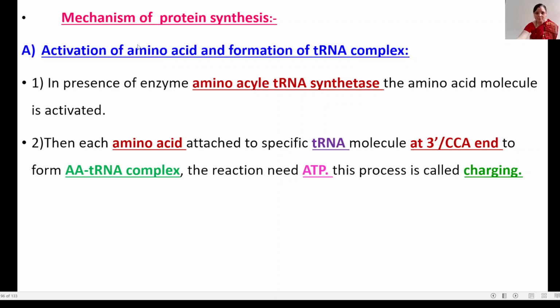This process uses a source of energy, that is ATP. What is the long form of ATP? Adenosine triphosphate.